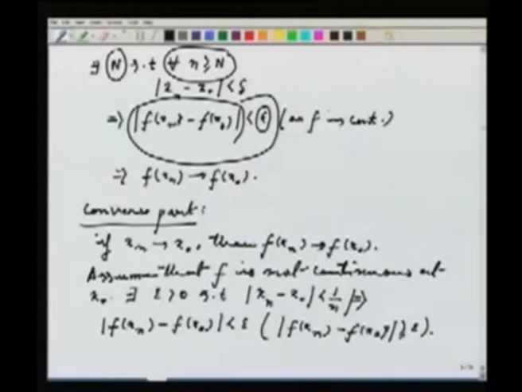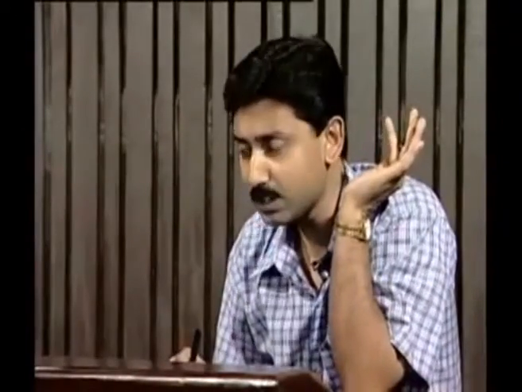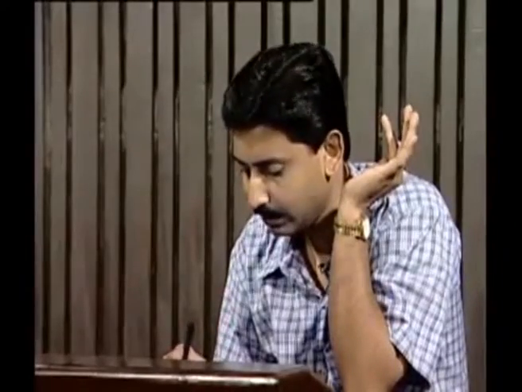So how come suddenly I get this xn? Well, the definition says there exists an epsilon for which no delta works. What does it mean to say no delta works? It means there exists an x such that modulus of x minus x naught is less than delta, but modulus of fx minus fx naught is bigger than epsilon. There exists an x, keep track of that. That x I am actually calling xn because I am choosing my delta to be equal to 1 by n.